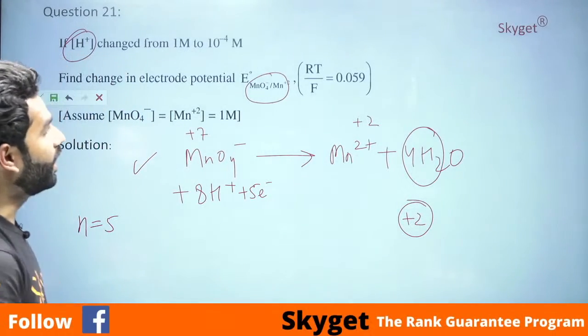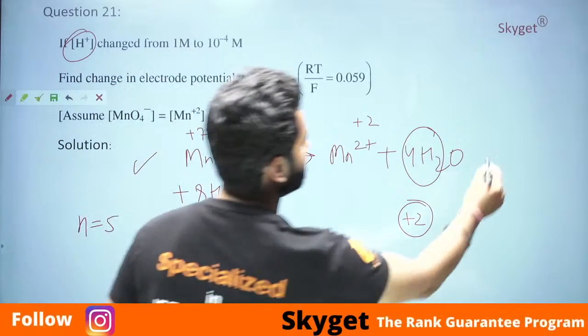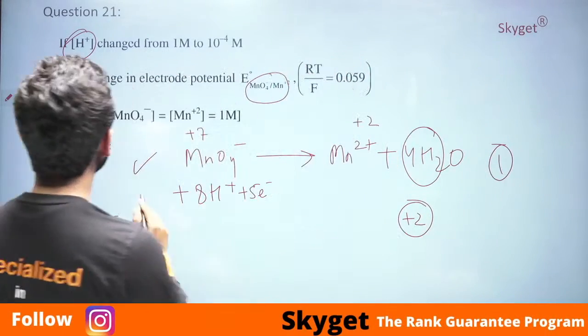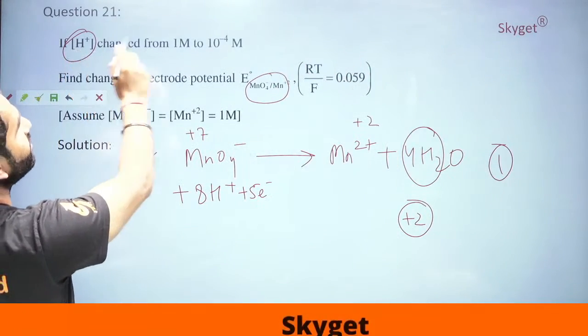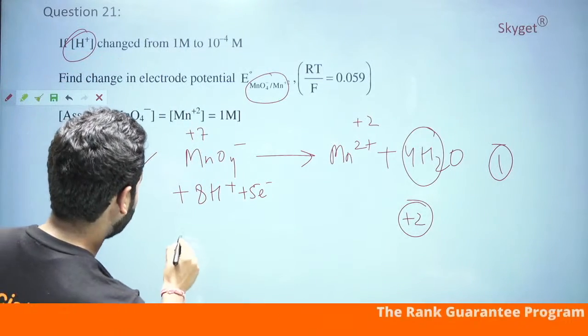Okay, now we need to get to the right equation. Now we have this equation, just mark it 1. Now the question says when H plus concentration is 1 molar, let's find the electrode potential. How?